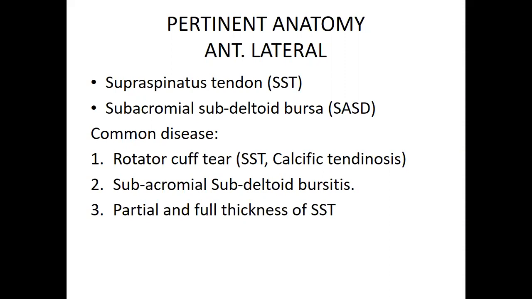When there is fluid within the bursa, this is the only position, or rather view, where you can appreciate the subdeltoid bursitis and any cyst within the bursa. This is a very important view where you can see it. Like I mentioned, I'll demonstrate how the partial or full thickness of the supraspinatus tendon appears on ultrasound. Very, very important view. Take home message for these two: when you do the anterior lateral, supraspinatus tendon, subacromial deltoid bursa.